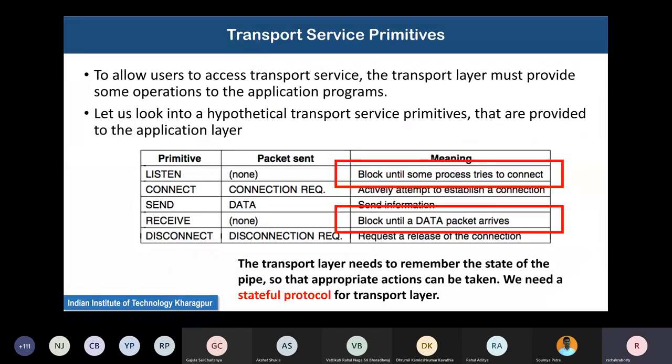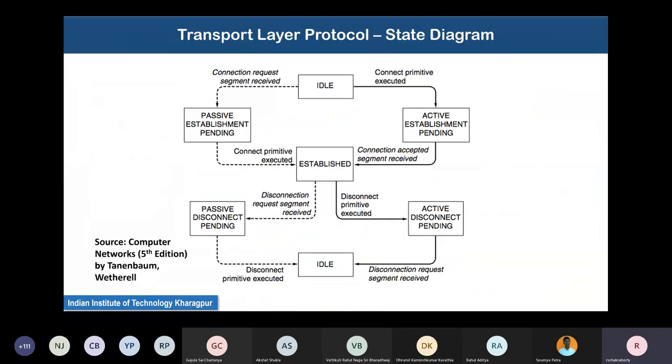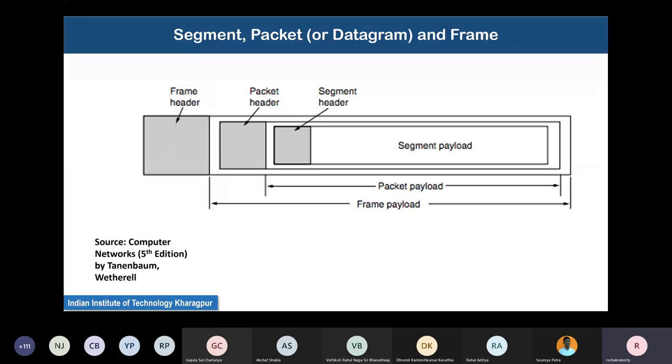So these segments are encapsulated. This also we have studied in this way. Successive headers are attached to the existing payload. What is the current payload? The current payload is the previous layer's entire protocol data unit, or PDU.